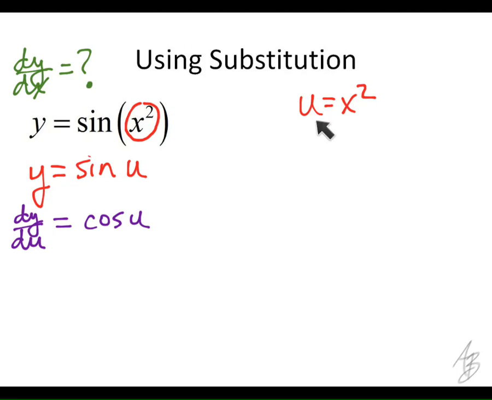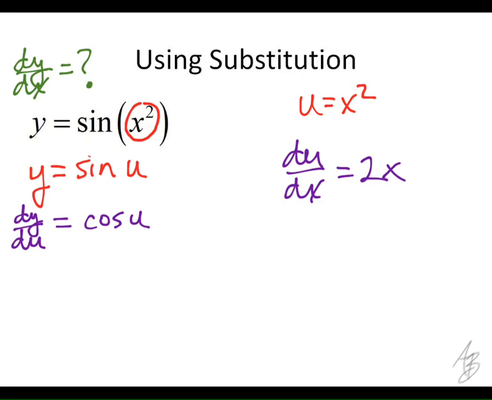What we're going to do here is take this equation and take the derivative of u with respect to x. So over here we get du dx is equal to 2x. Now, why is that useful? Can you plug that into the cosine?